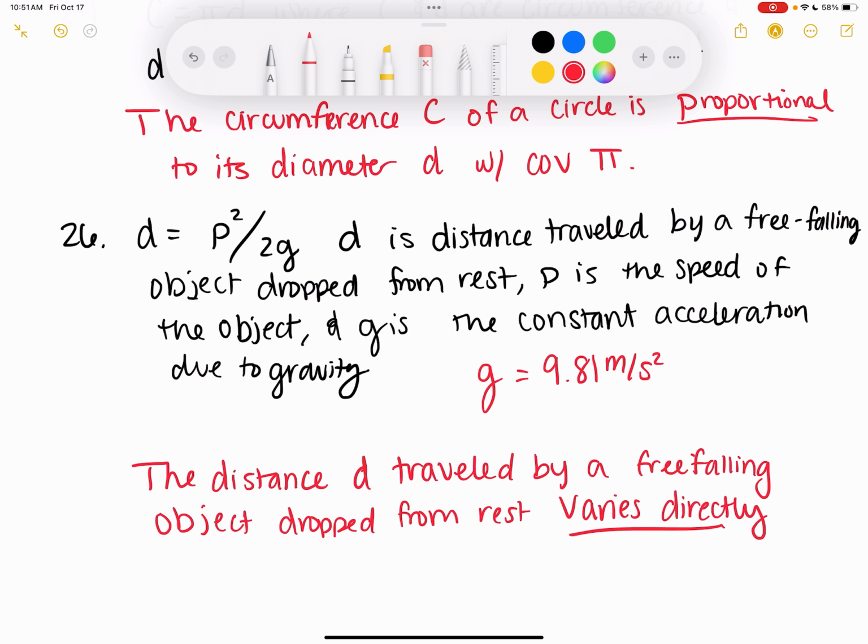Yep, y equals ax, and we would solve for a. That's what this would be, because this would be the same thing as d equals basically 1 over 2g and then p squared. So this would have been a direct variation setup of a problem. Obviously, it's not y equals ax, but the setup of it, there's nothing else being added or subtracted from it, would be that. And it's obviously stuff in the denominator.